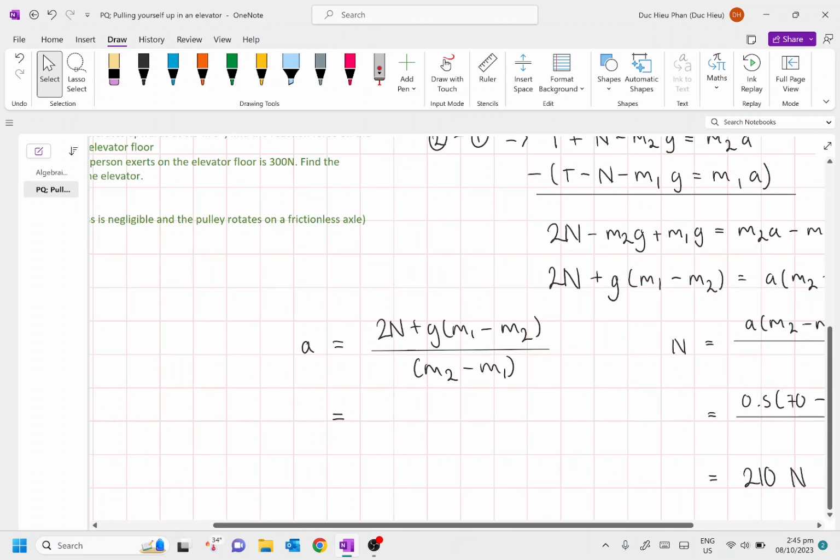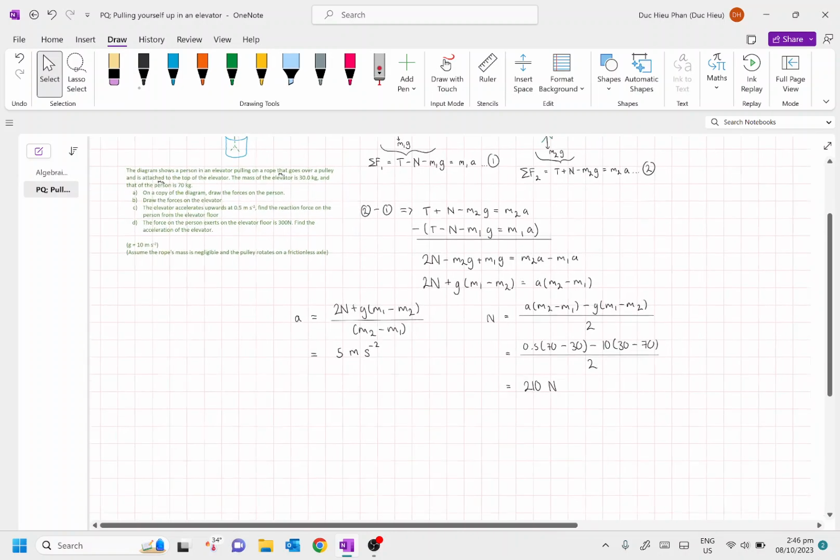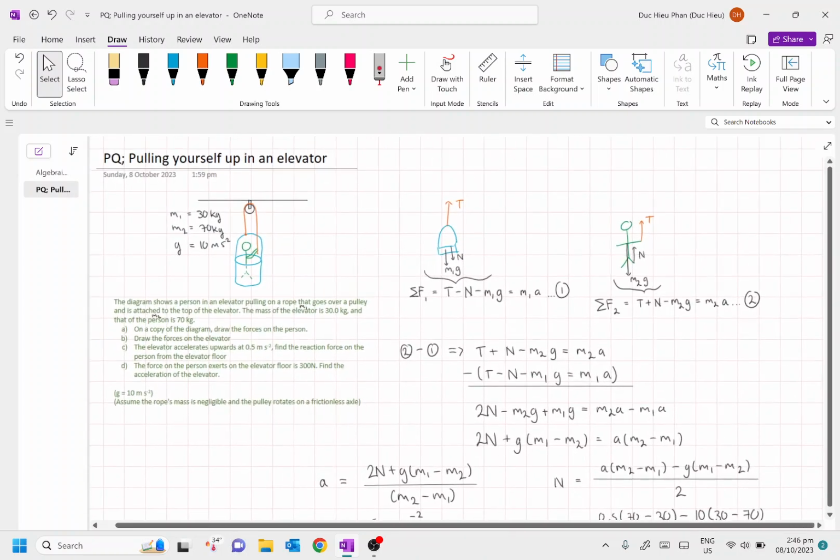So that would be 600 plus 10 times 30 minus 70 over 70 minus 30, which is 40. All right. So the elevator is accelerating 5 meters per second squared. All right. So that's how you do it.